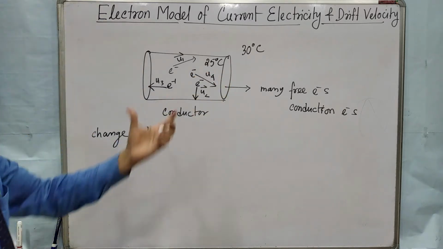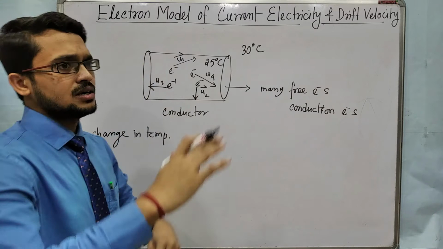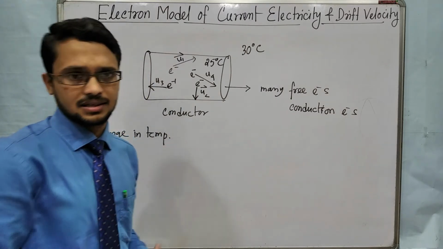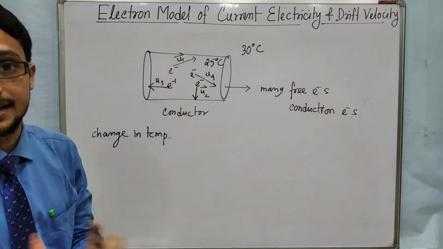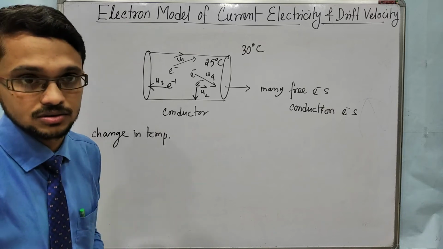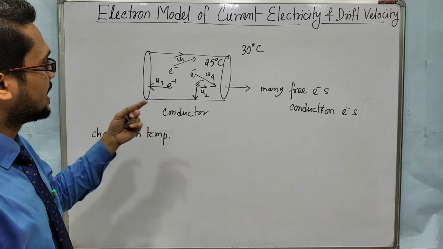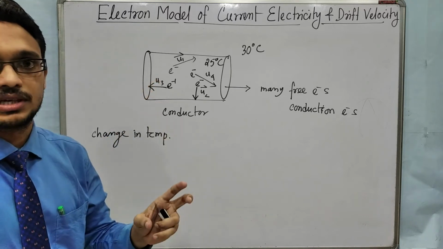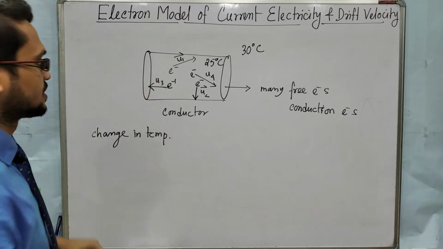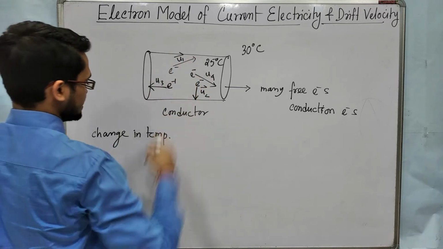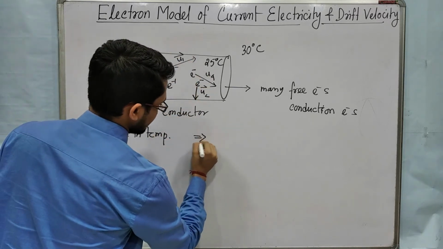So there are many electrons, and they will move through a zigzag path. There is no particular direction of motion of those electrons. Each electron will move with different speed, and their direction of motion will also be different. So these velocities are called thermal velocity.